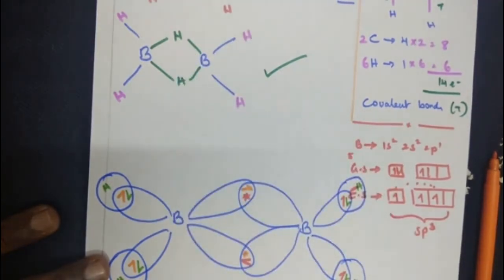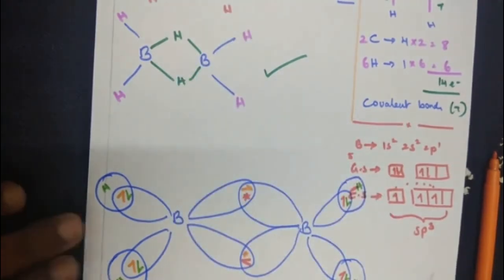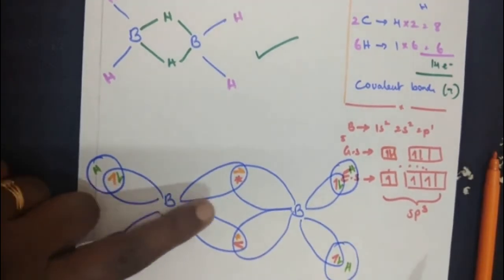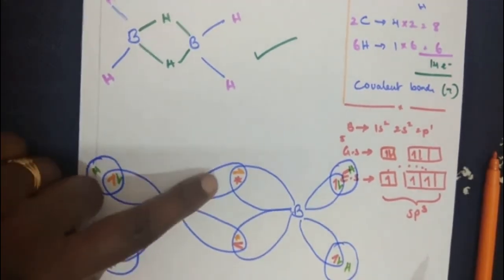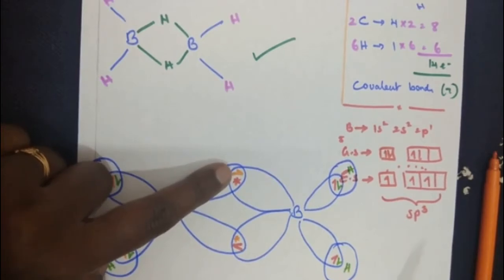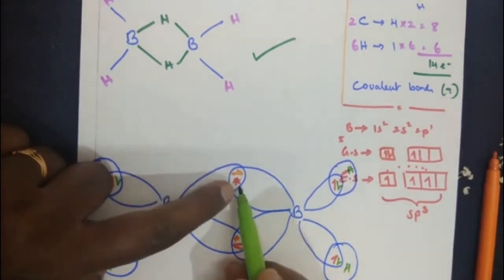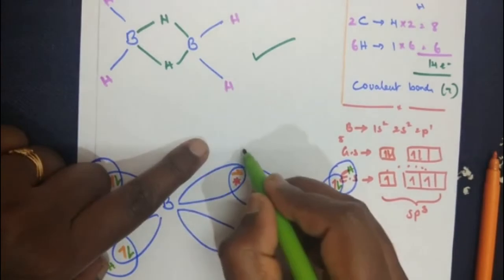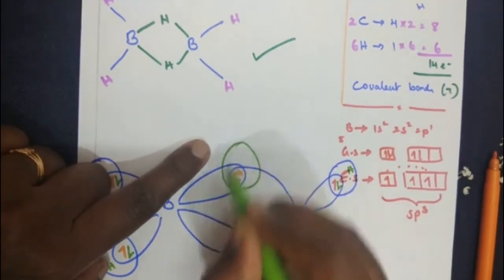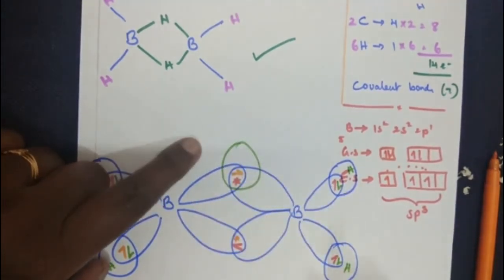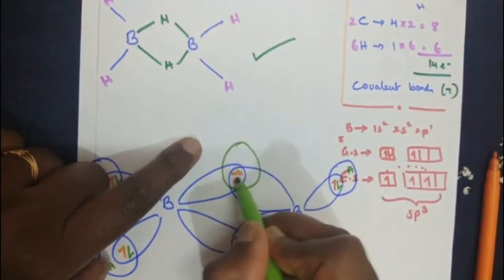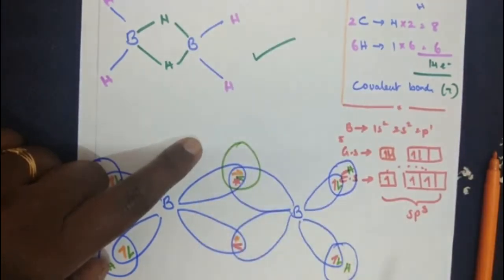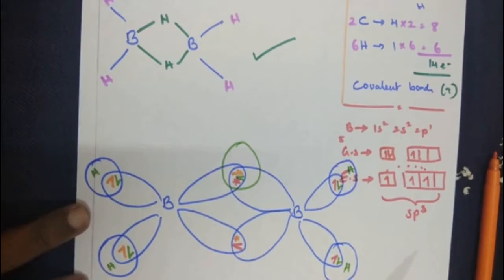Now we need to see how they are bonded. Please be with me to understand the point here. The half-filled orbital of one boron combines with the empty orbital of another boron, and they are overlapped with the hydrogen 1s orbital of this hydrogen here. So it provides an electron forming a bond in between.